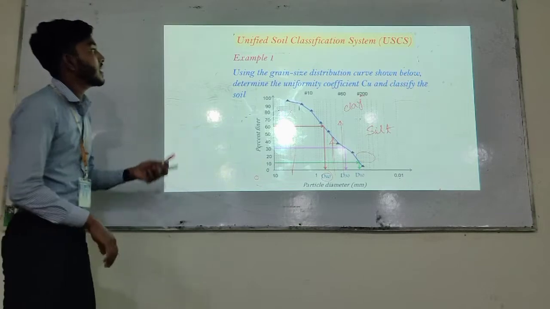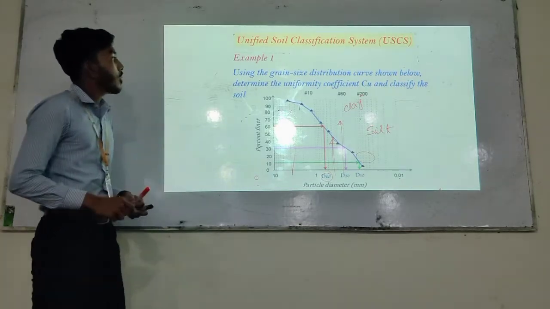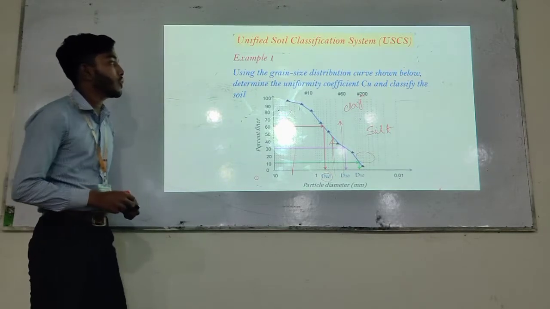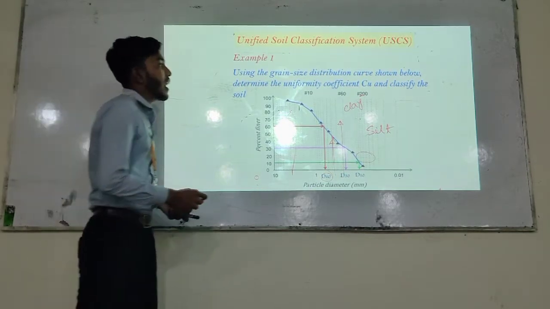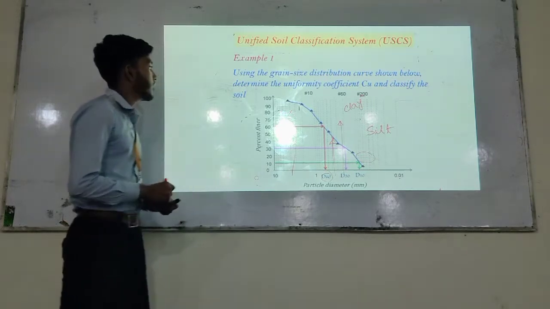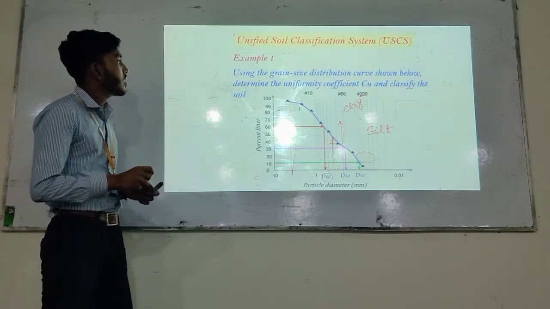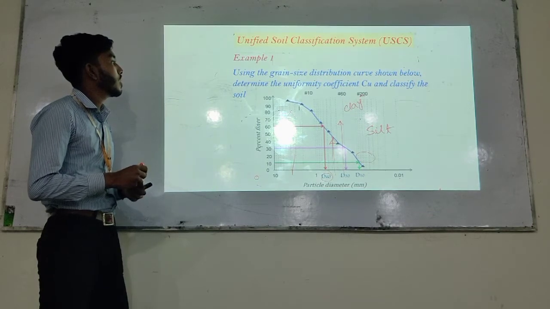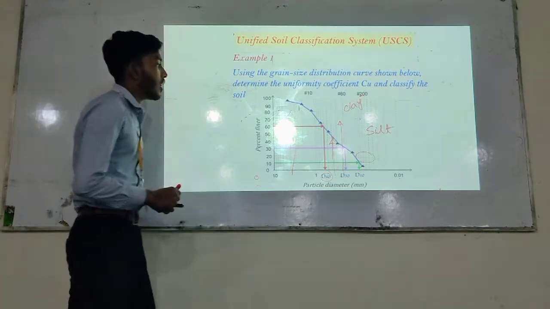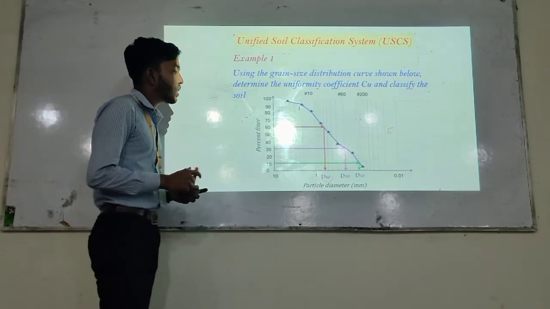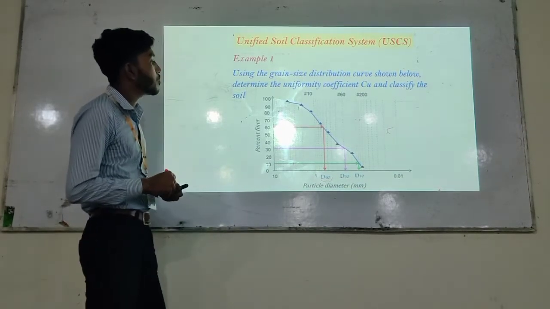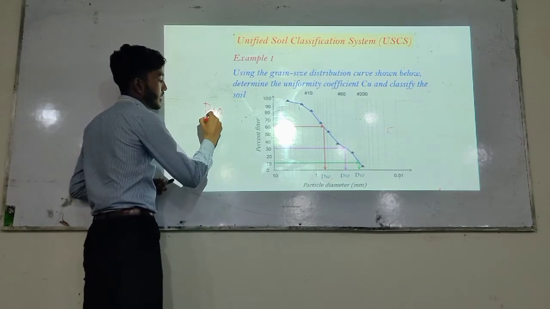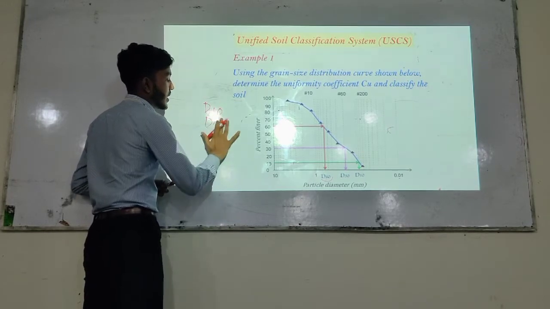Now let's see a numerical problem on CU and CC, where CU means the coefficient of uniformity and CC means the coefficient of curvature. To determine CU and CC, we need to know D10, D30 and D60.